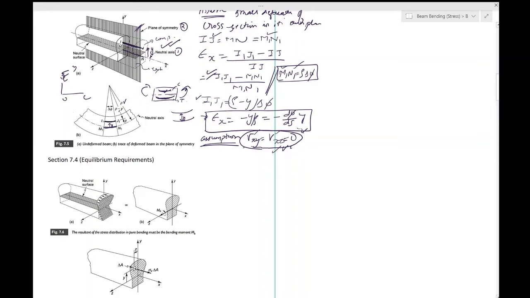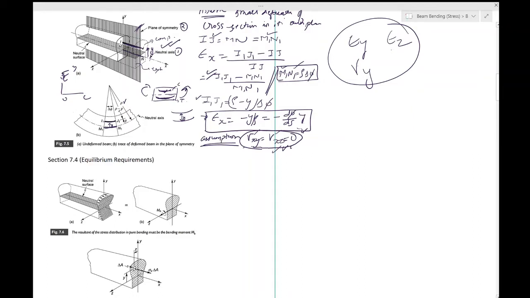We did not make a comment about epsilon y and gamma yz and epsilon z in the last class. The reason was that we didn't know anything about it, and we still don't. So what we leave over here is that they must be symmetrical with respect to the xy plane, which was the plane of symmetry.